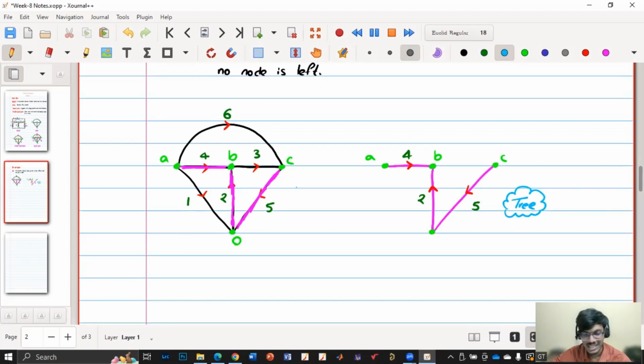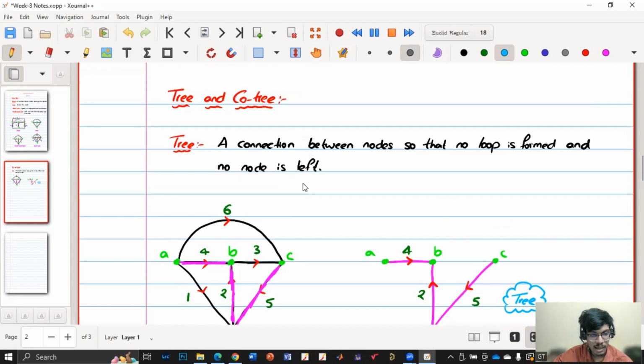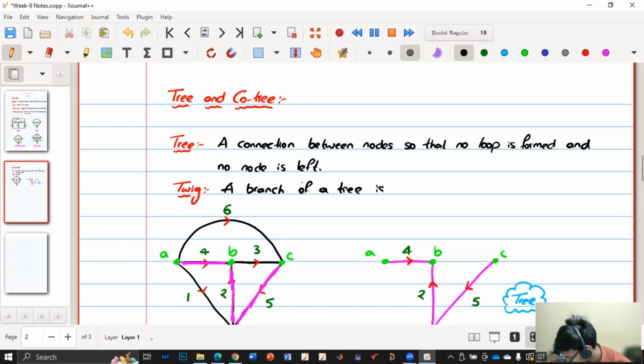Now, what is a twig? A twig is a branch in a tree. So a branch of a tree is called a twig.